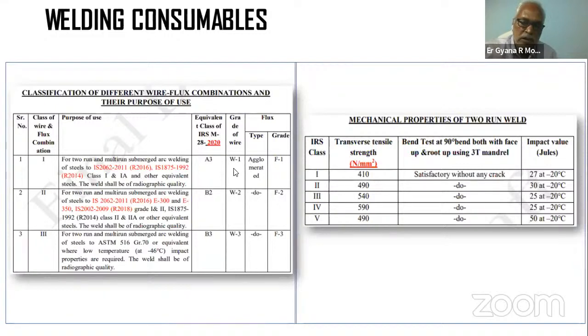And this wire and flux come from standard companies. Once we mention that this is the wire and the flux and this is my class of the welding, the companies will give it to you. Once you order it, the company should be ISO certified, or whoever your client is, his certification would be required, because this particular class is given to them on the basis of the test of their product.